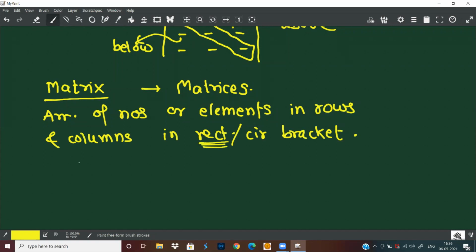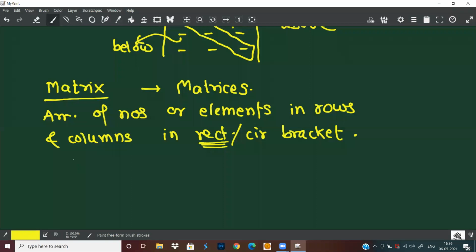And you know, determinant has a value. Matrix does not have a value. Understand that. Secondly, in a determinant number of rows are equal to number of columns. But in matrices, number of rows need not be equal to number of columns.